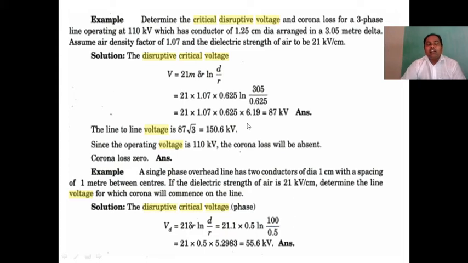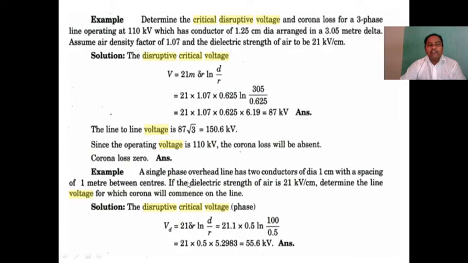Whenever the transmission line voltage exceeds 150.6 kV, only then will corona loss occur. So at the operating voltage of 110 kV the corona loss is absent. Very good problem. Next one.